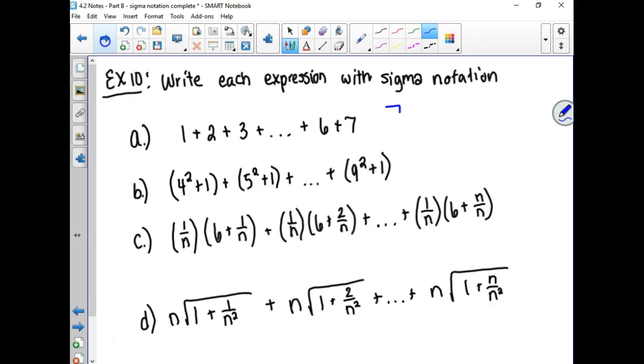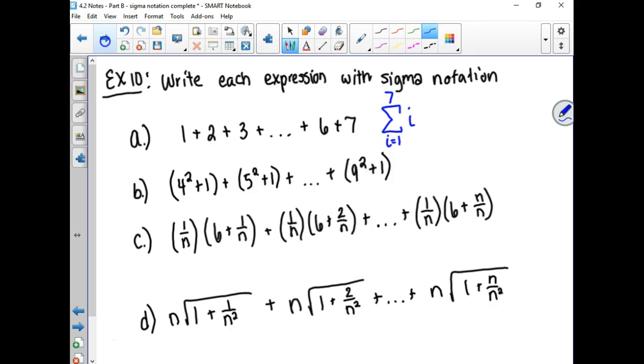So I would have the sum, and I would start at 1, and I would go to 7, and it would be of what would be my expression? Just I, or whatever letter you want to use, but I use the I there. All right, and this would just count 1, 2, 3, 4, 5, 6, 7. Okay. Questions on A?